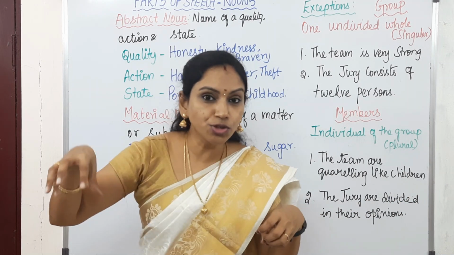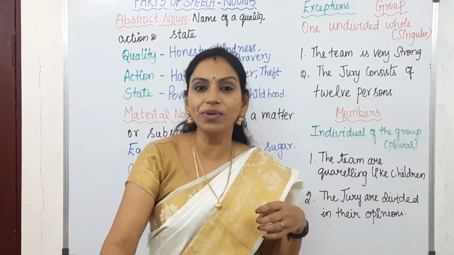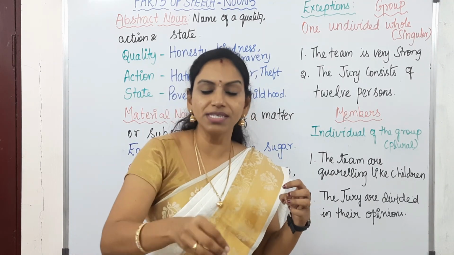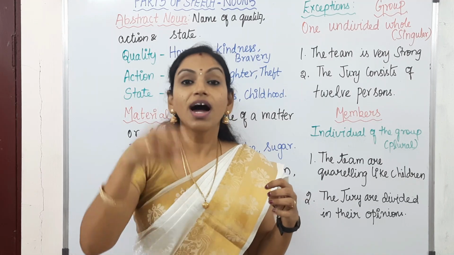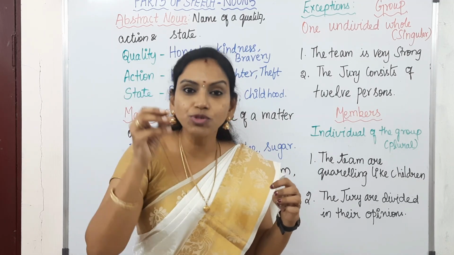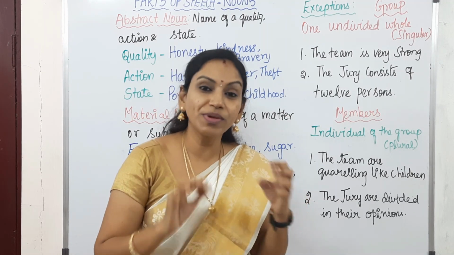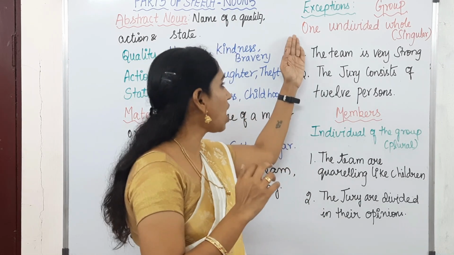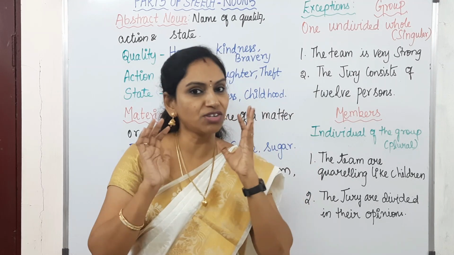Like that, each jury member has a different opinion. In such a case, when I am considering each single person, the same word jury is considered plural. Hope you understood. So these two are exceptions for collective nouns.